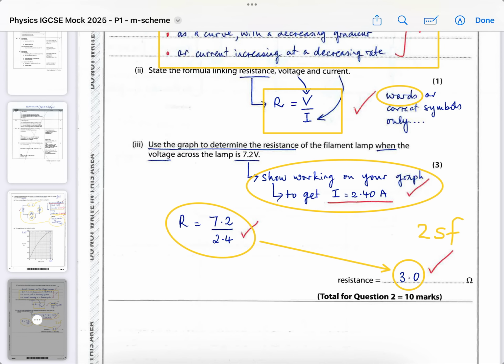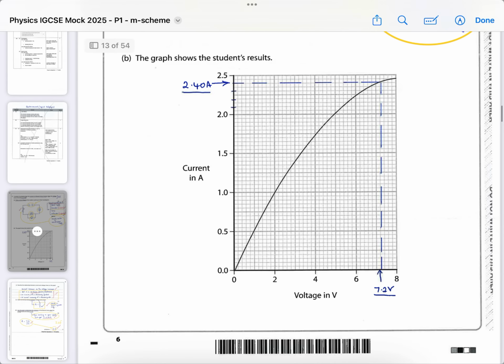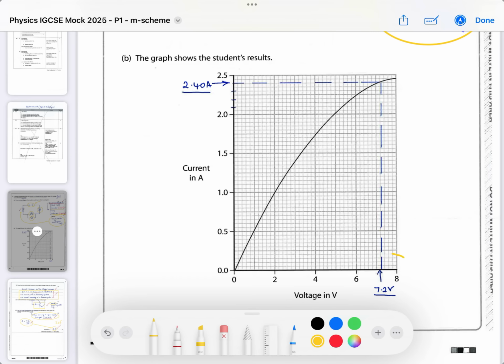Now if you look at the graph, you'll see that the steepness is decreasing and the voltage is on the x-axis, current is on the y-axis. So as the voltage increases, the current is increasing at a decreasing rate. It's because the resistance gets higher as you put more energy into the bulb. It gets hotter, and as it gets hotter, you have more lattice vibrations which interfere with the electron flow.